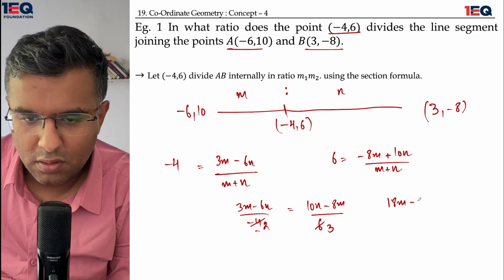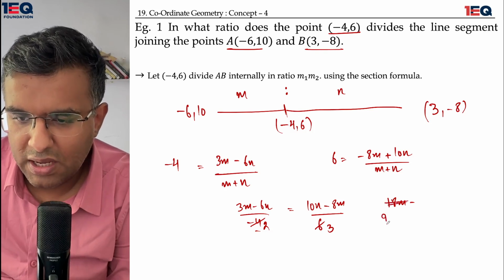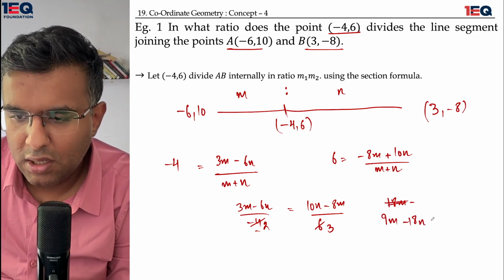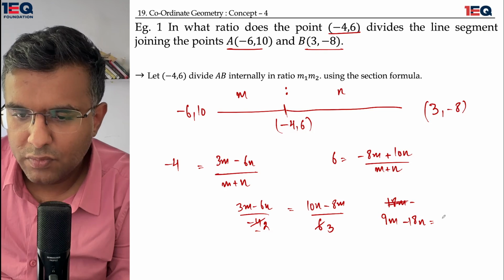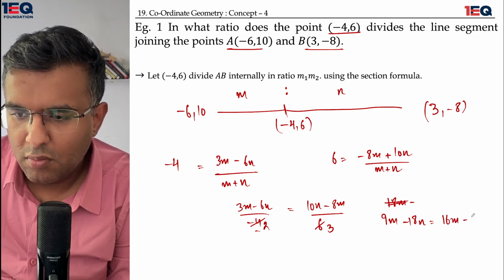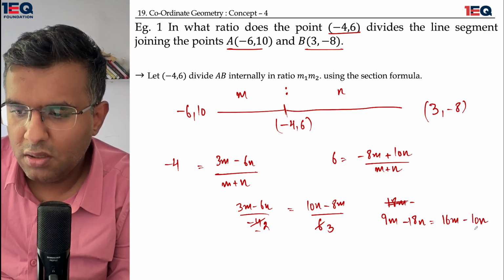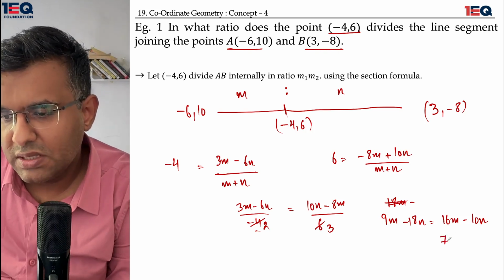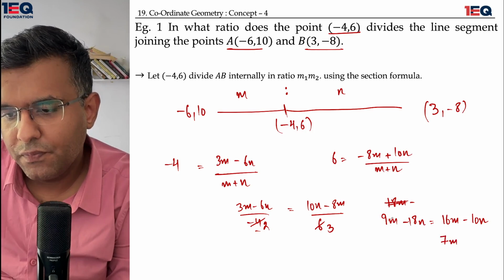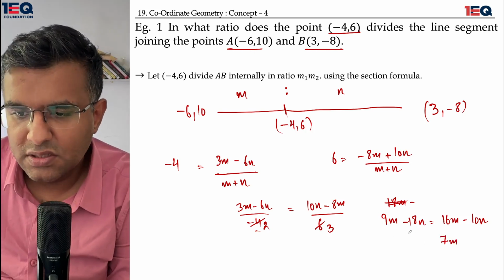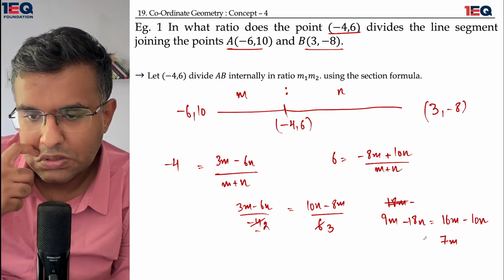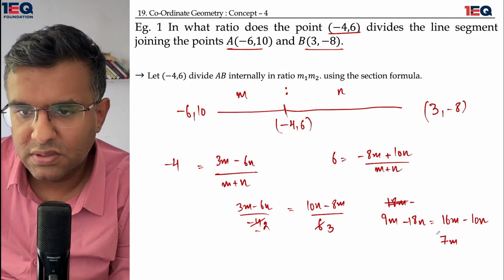No, this is going to be 9m minus 18n being equal to 16m minus 10n. So this would come here, this would come out as 7m, right? And this would go there as, is there a fault? No, I don't think so there's a fault.